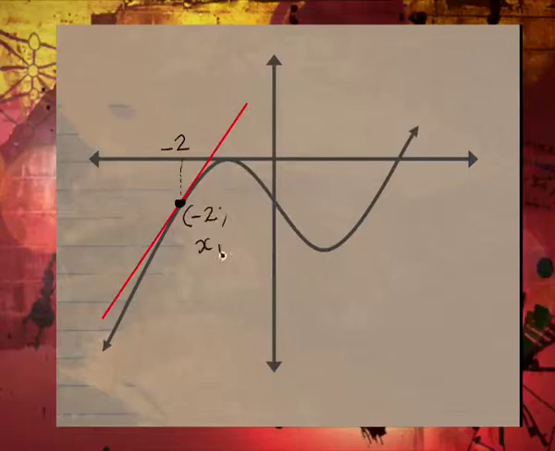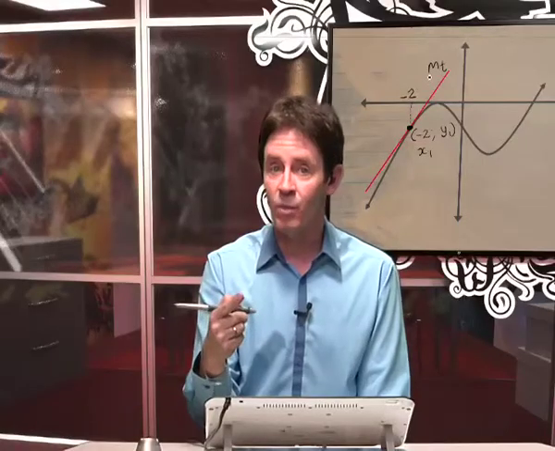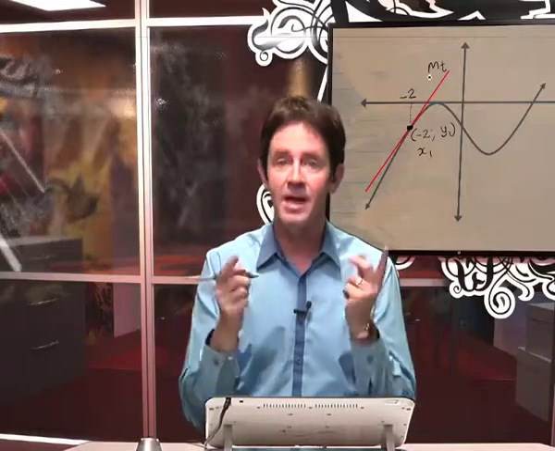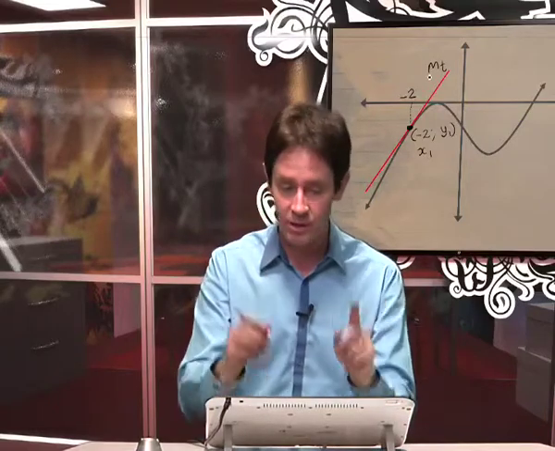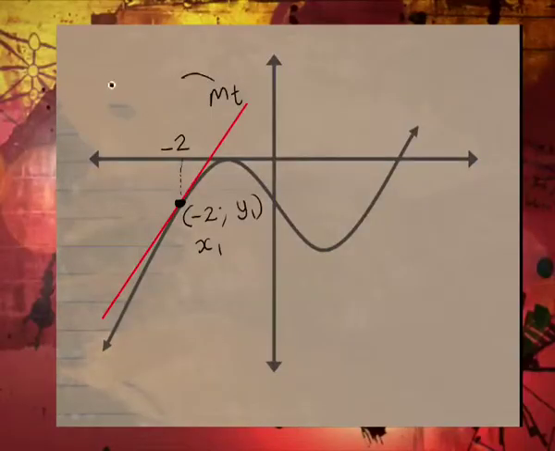We normally call that x1. We don't know what the y value is, that we need to find out. And we also need the gradient of this line. The gradient, which is, by the way, the derivative at minus 2. Have a look at the slide. What does this mean? The derivative. If you can get the derivative and plug in minus 2, you can get the gradient of the tangent.